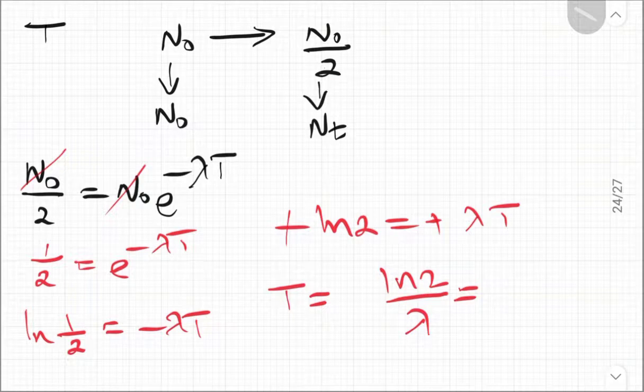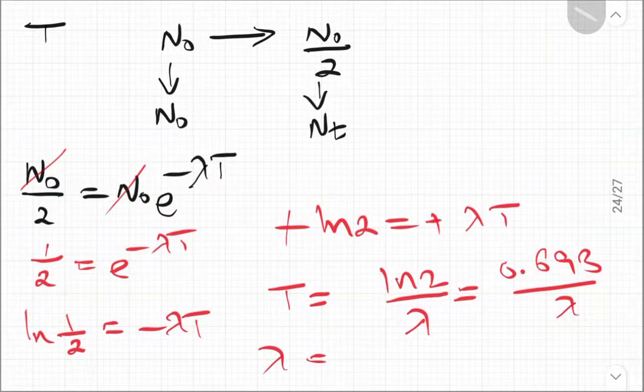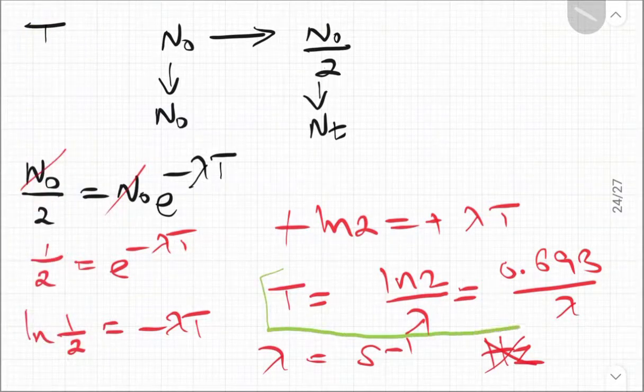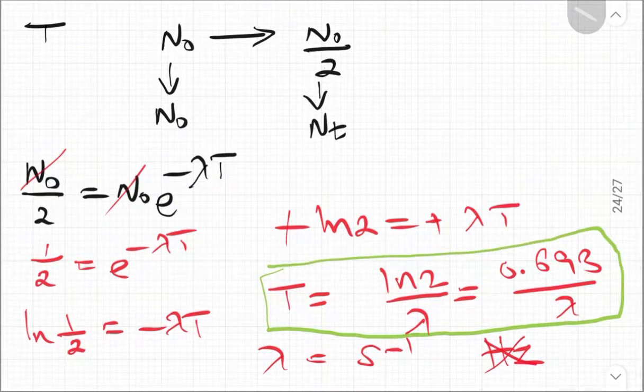If you press the calculator, ln 2 is 0.693, so T equals 0.693 over lambda. Remember, the unit of lambda is per second, which corresponds to hertz, right? But in radioactivity, we like to use per second. So we have derived the equation for half-life.